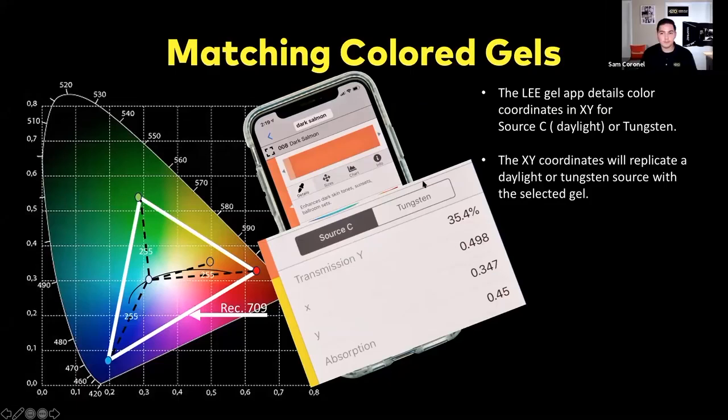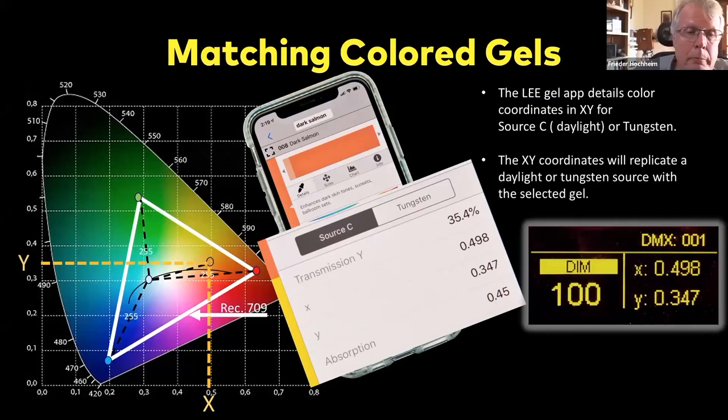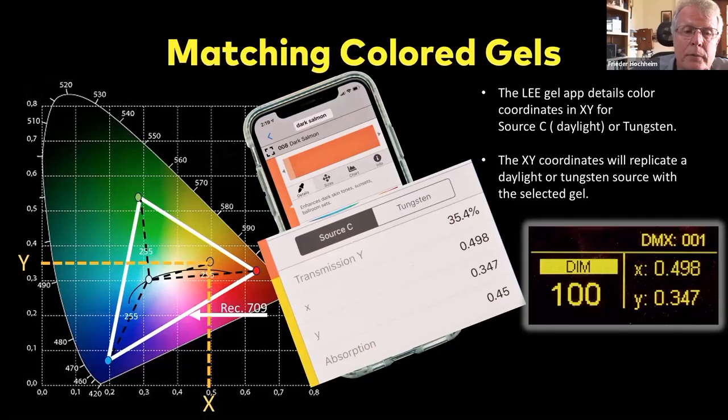You're actually changing the values according to whether you're in tungsten or daylight, and that puts it wherever that color is supposed to be. Now, again, if that falls outside of 709, your fixture will be able to reproduce it within the gamut of the fixture that you're working with. So it's in its own gamut.